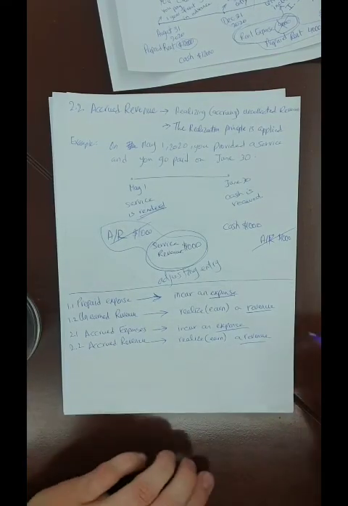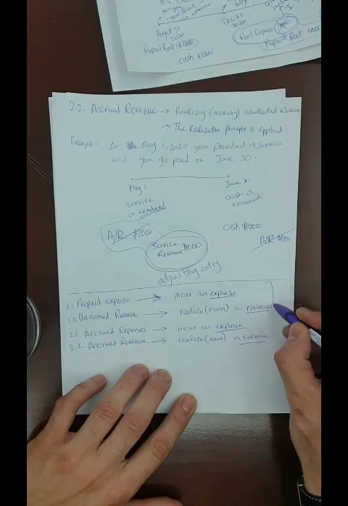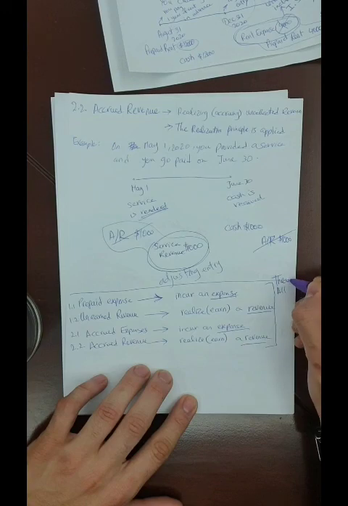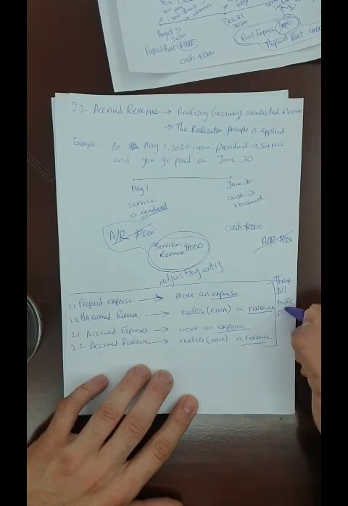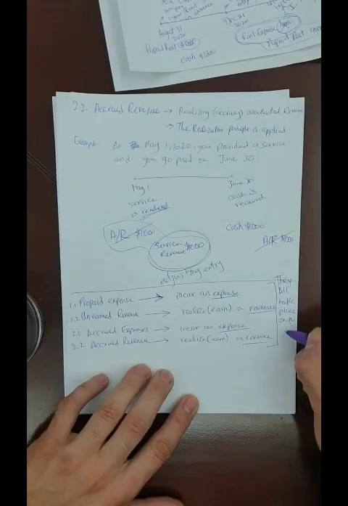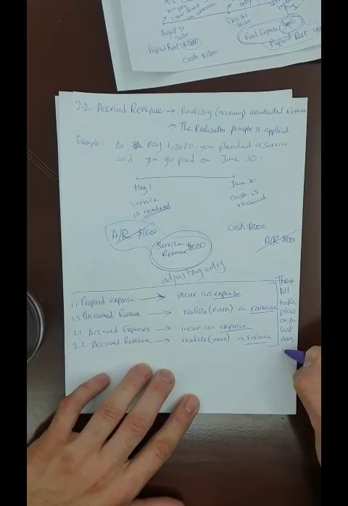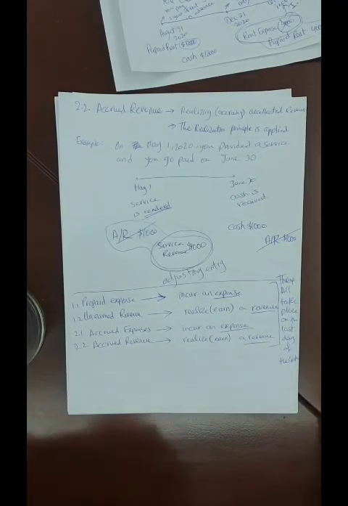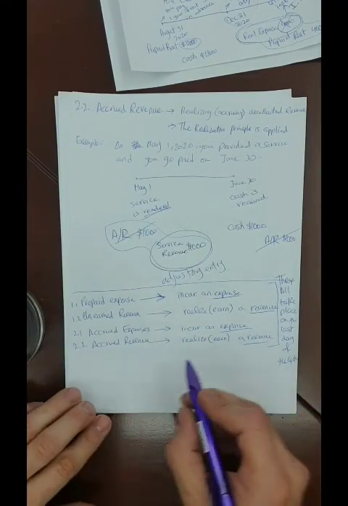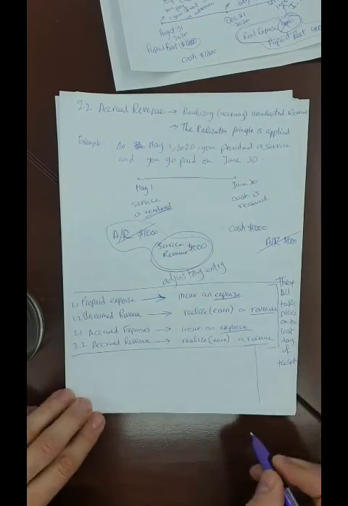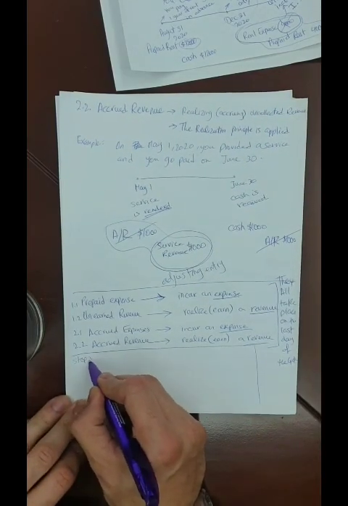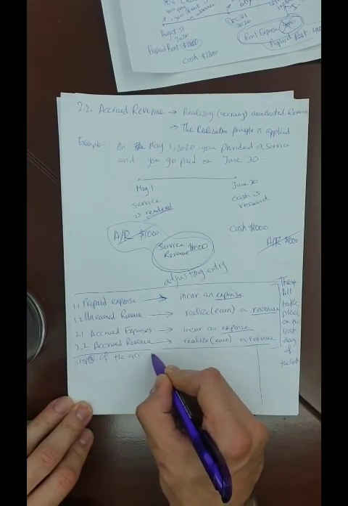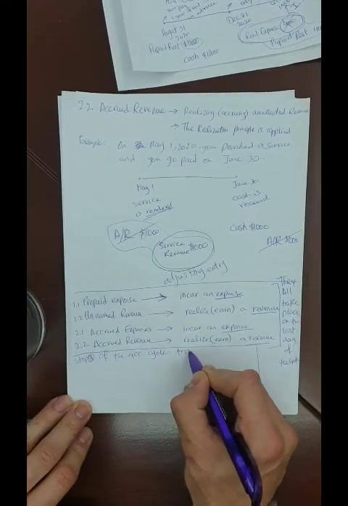Remember that all of these take place on the last day of the cycle, the accounting period. Therefore, step 3 of the accounting cycle is the trial balance.